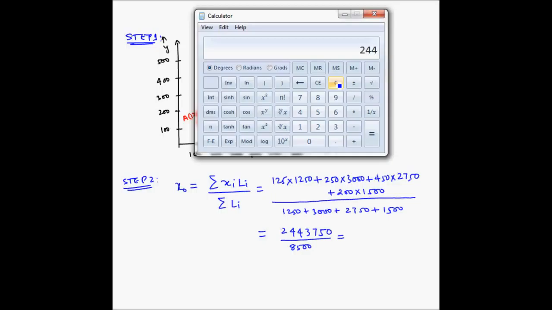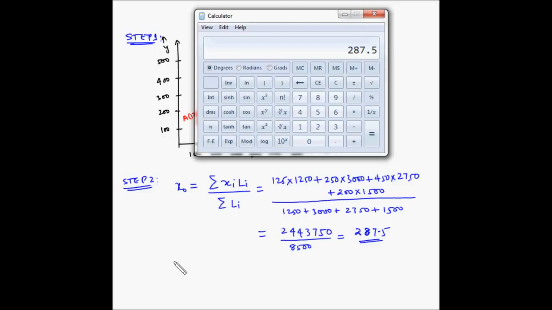So 2443750 divided by 8500 is equal to 287.5. This is the x coordinate of the new facility.